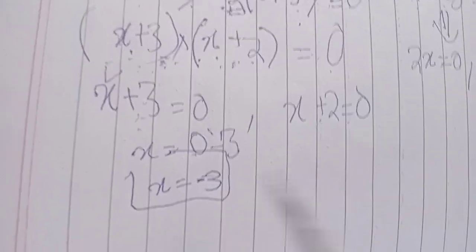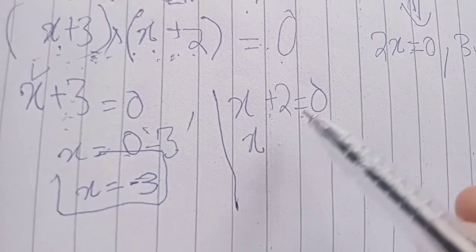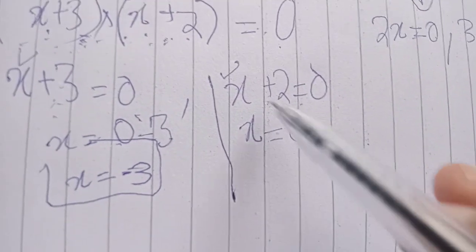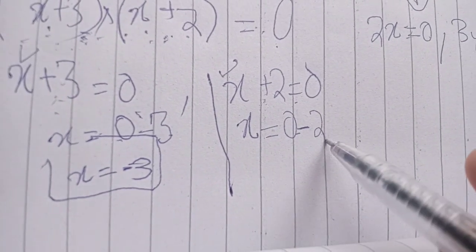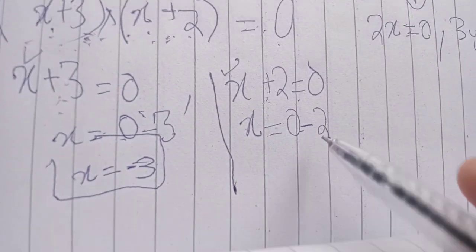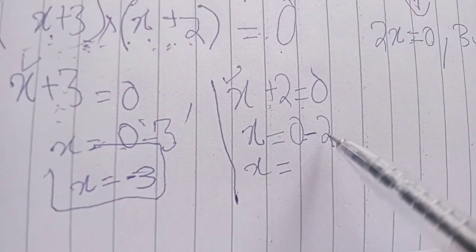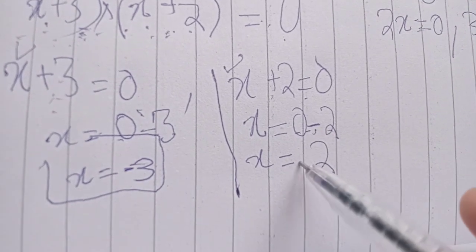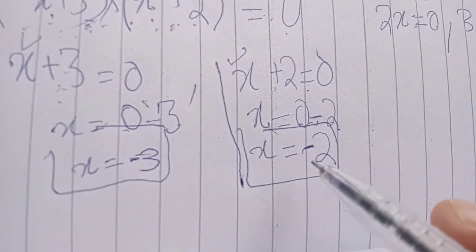Here it is. Now we solve the other equation. Also estimating for x, we move the plus 2 to the right hand side. Similarly as before, it becomes minus 2 on the right hand side. Now 0 minus 2 gives 2, the bigger number has a minus sign, so the answer will also have a minus sign.